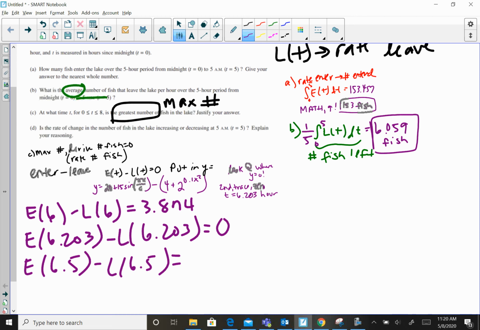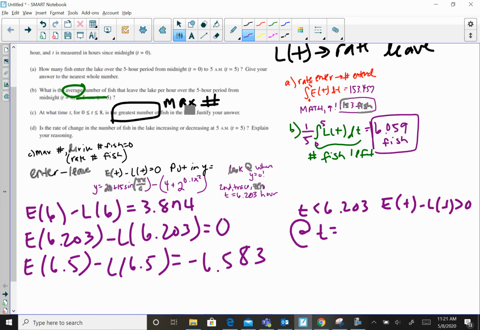And then hopefully we get a negative number if I put in 6.5 or even 7. My table, I didn't change my count, so it's counting by 1. Okay, here we go. Negative 6.583. So you can say when time is less than 6.203, E of t minus L of t is greater than 0.